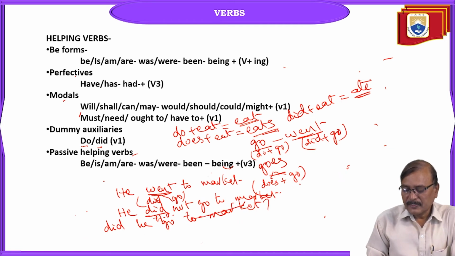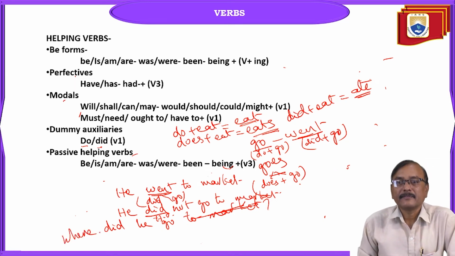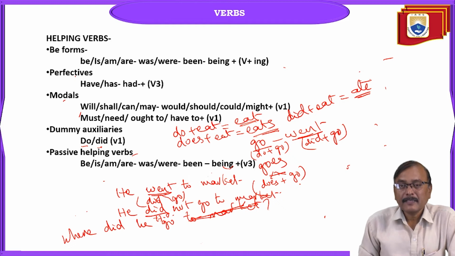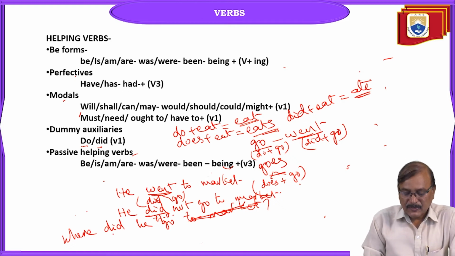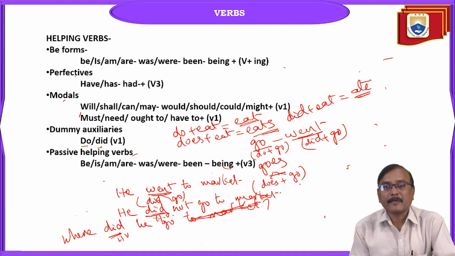If you remove this part, you can say, where did he go? So generally in questions and negative sentences, definitely we have to bring out the helping verb.